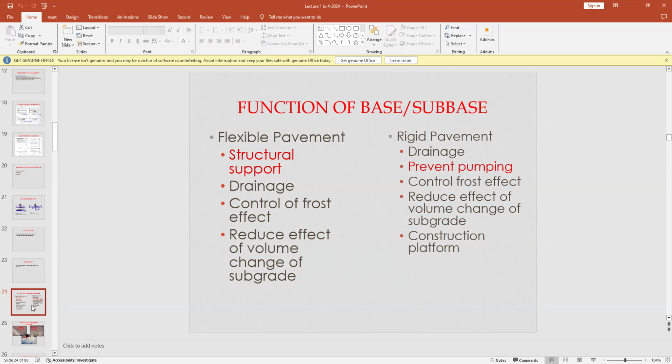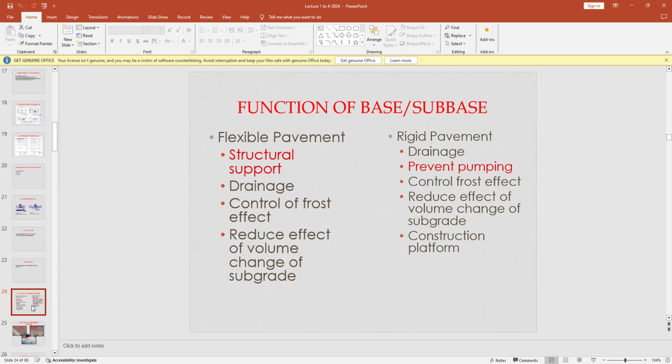And at the end, for a cement concrete road, we always need a platform, because if you place cement concrete right on the subgrade, there will be a rusting effect, a moisture effect that will act on the cement concrete from below.